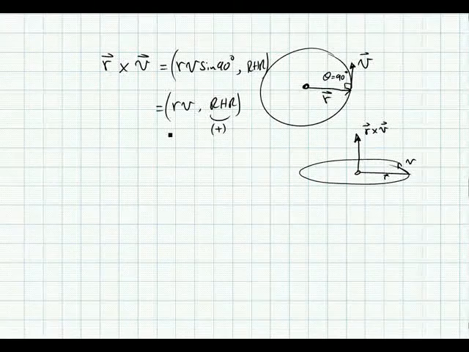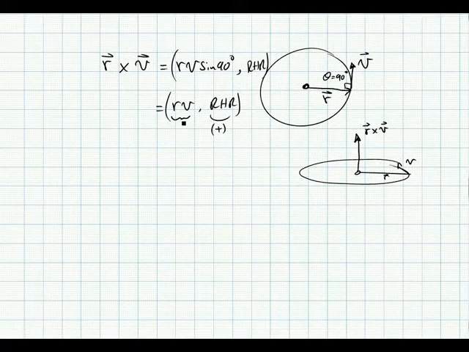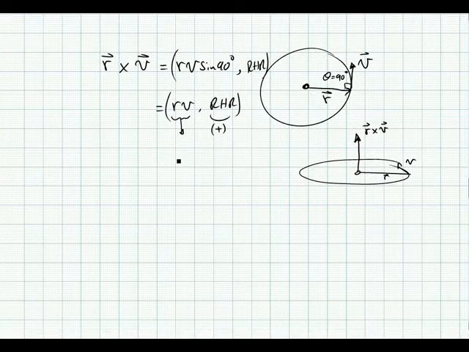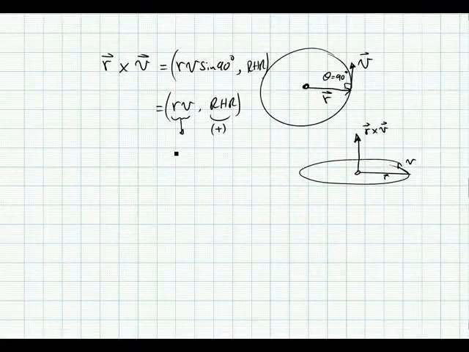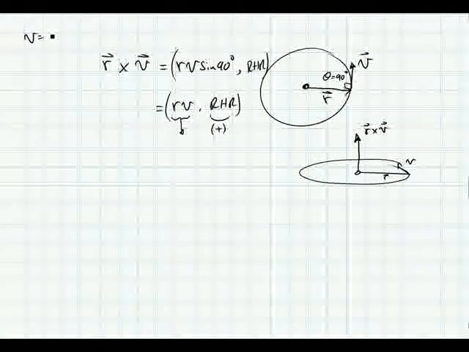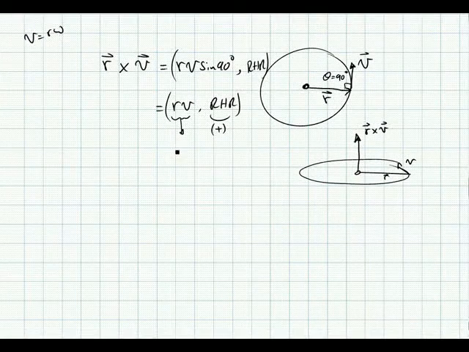And RV, this magnitude, if we go ahead and substitute, we showed earlier back in chapter 7 that V is equal to R omega.